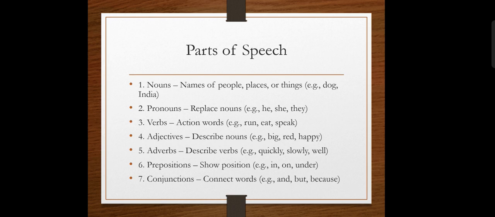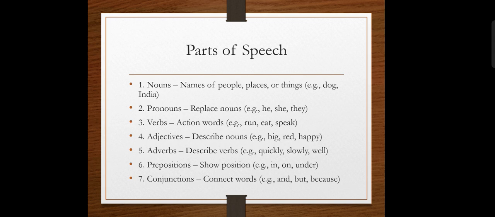Adjectives qualify or modify the noun. And we have adverbs. She sings beautifully, quickly ran, slowly walking, slowly reading, she studies well. So the words which qualify, describe or modify the verb, the action words, are called adverbs.